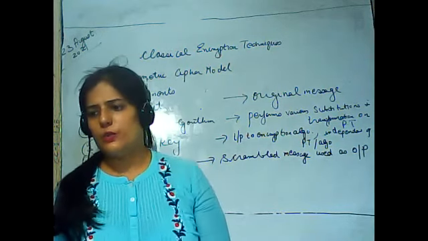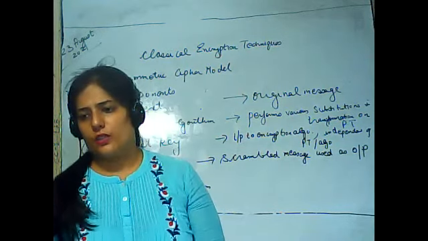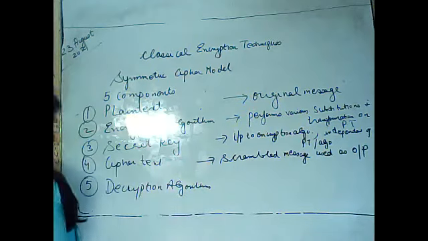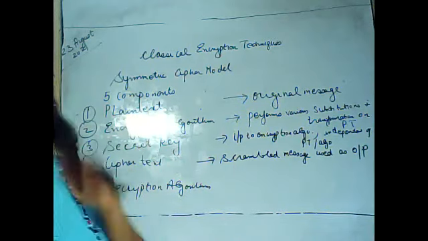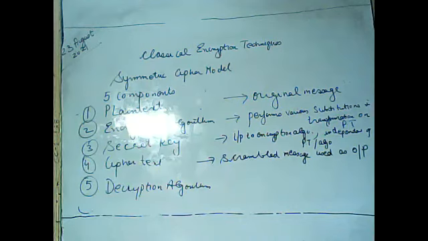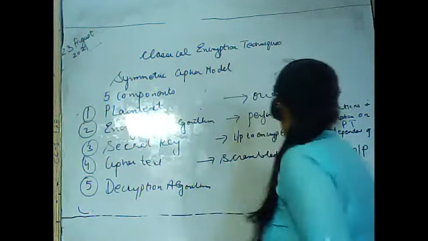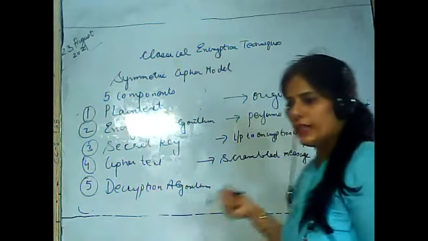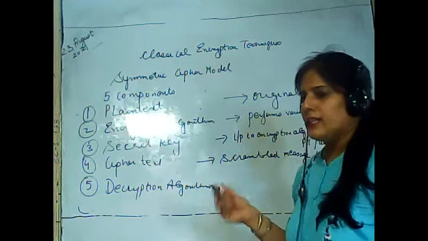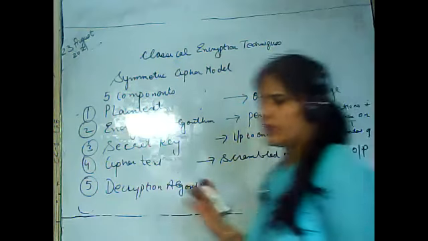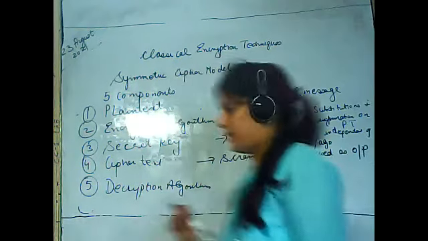Okay, so this is what ciphertext is. You must also be able to define this particular term. How can we define the term ciphertext? It is a scrambled message that is used as an output. Okay, scrambled means that you have just changed the original content of your message.